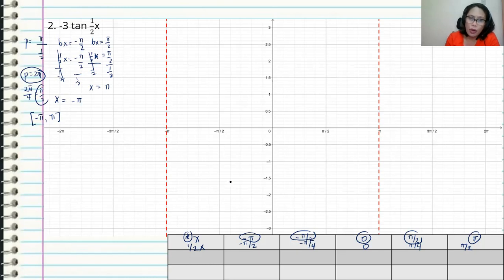So we are now going to evaluate tangent 1 half x. And we'll get the tangent value of this. So we know that this is undefined. This is undefined. Okay, so tangent negative pi over 4. Same with our illustration in the previous slide. So this is pi over 4. This must be coterminal with pi over 4 here.